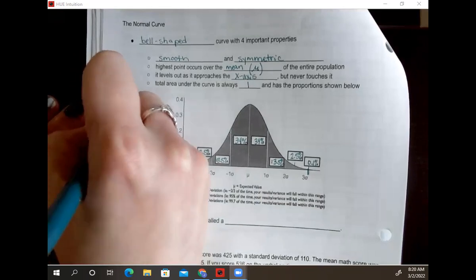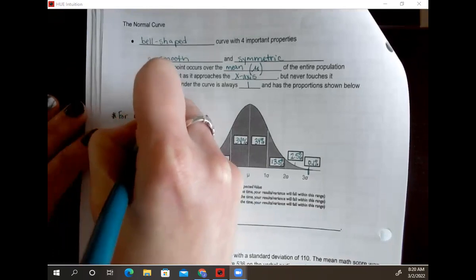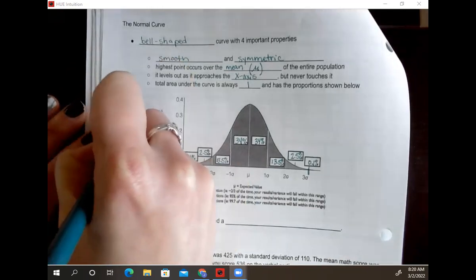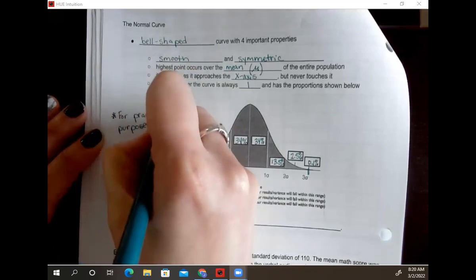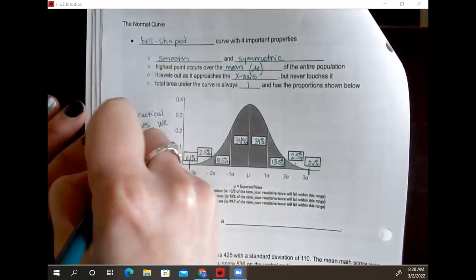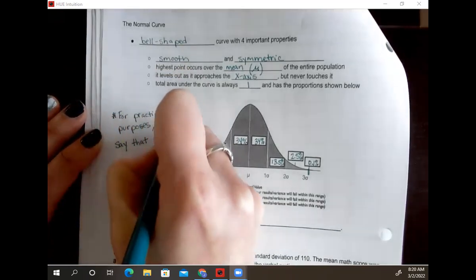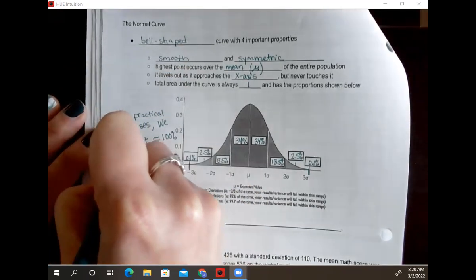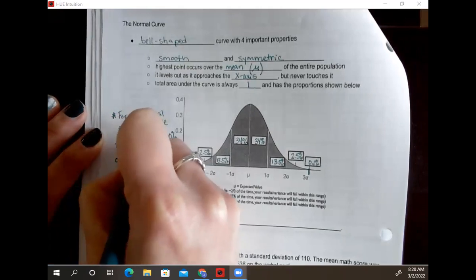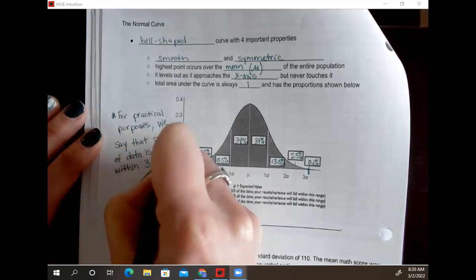So I'm just going to make a little note here that for practical purposes, we say that approximately 100% of our data is within 3 standard deviations of the mean.